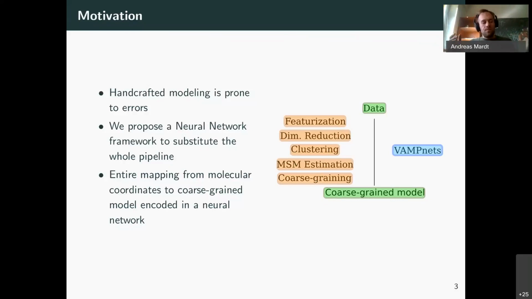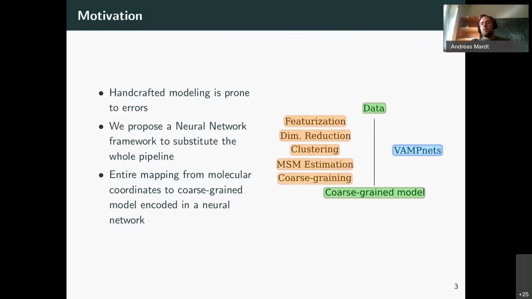In order to circumvent this, it would be nice to have a method where perhaps you have to make some choices in the beginning, but then you feed your data into it and it directly outputs a coarse-grained model. Then you know it's only these few parameters you have to choose.